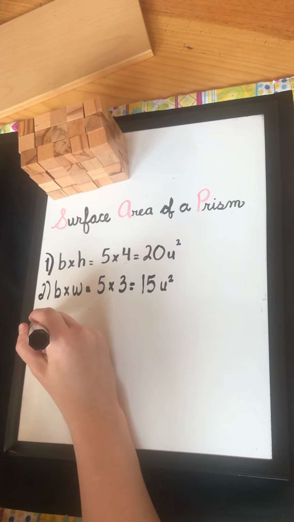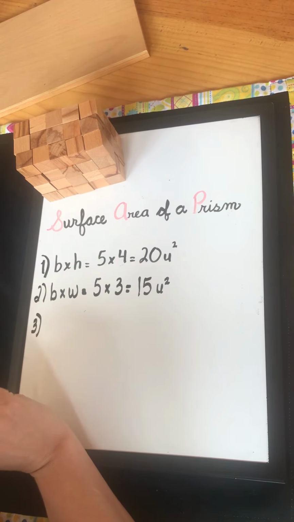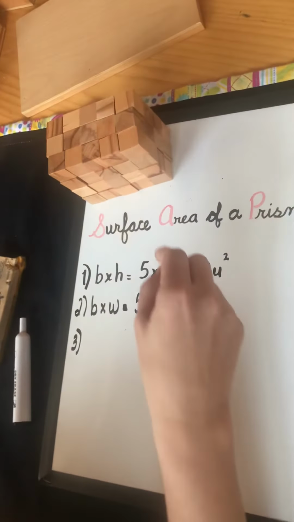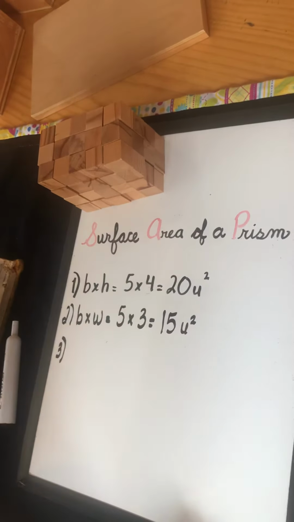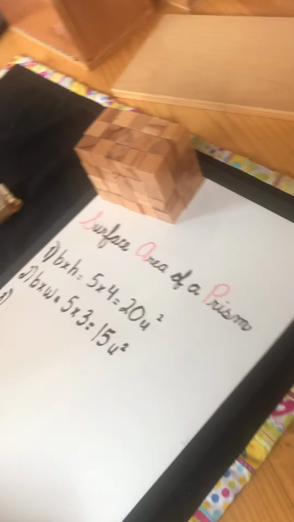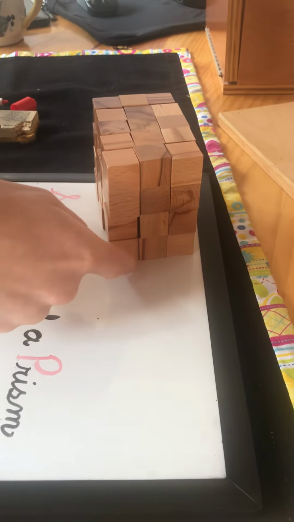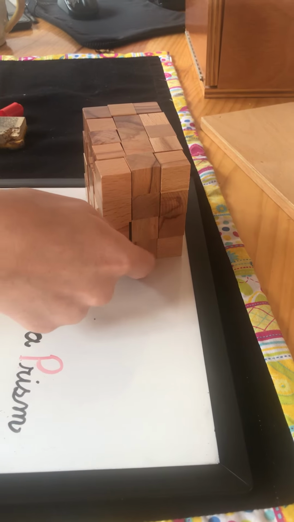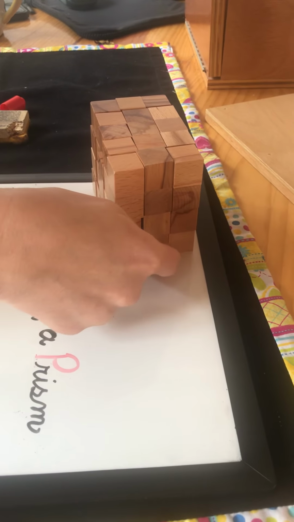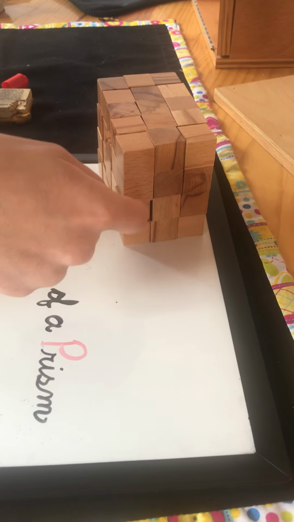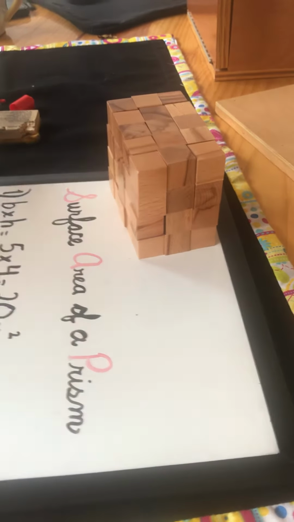Okay, and now we're going to measure the area of this face. Okay, so should I turn it? Or like that? Okay, so here we have how far back our solid goes, which is our width of 3, and we have a height of 4.